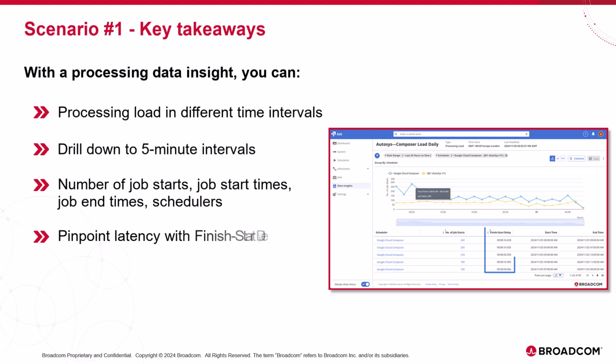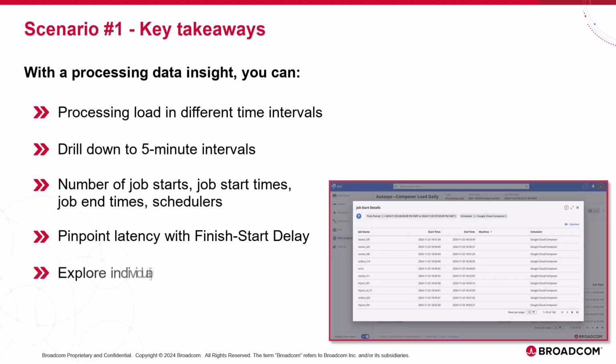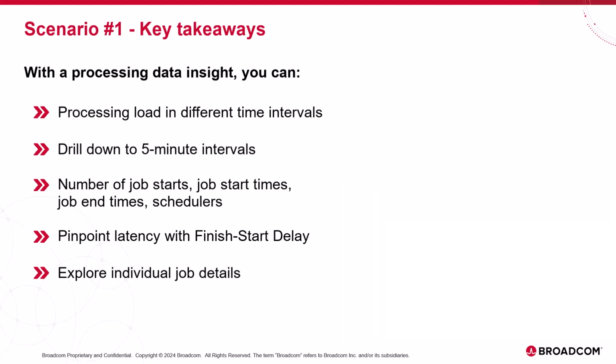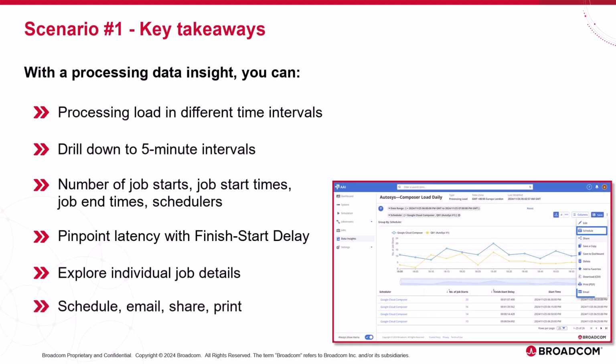The finish to start data point helps you pinpoint latency issues in job executions. You can explore job details and see their individual start and end times. As with other data insights, you can take actions such as scheduling, emailing, sharing, or printing.